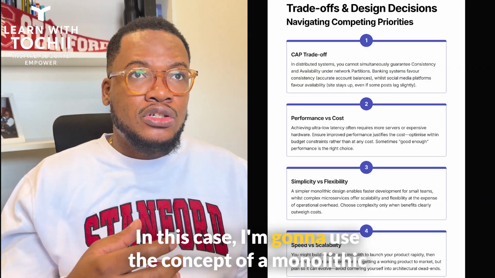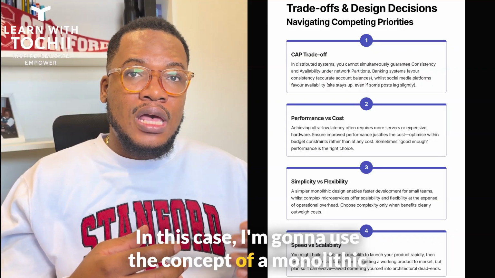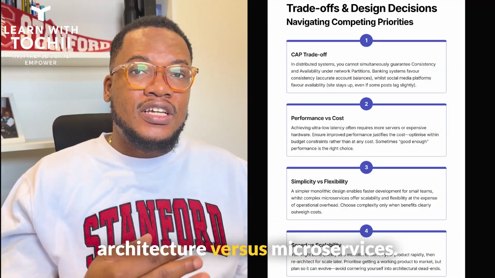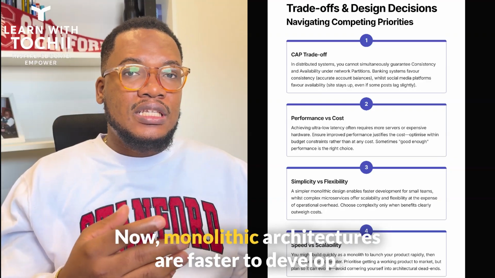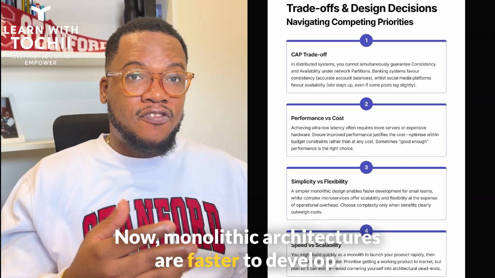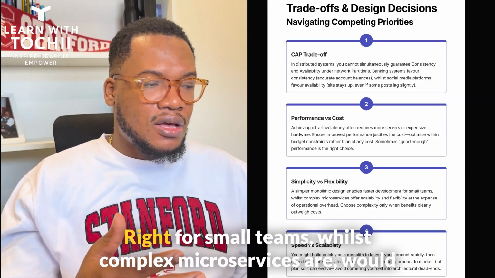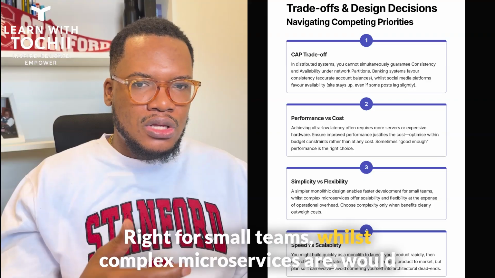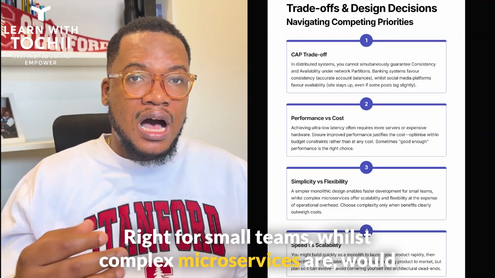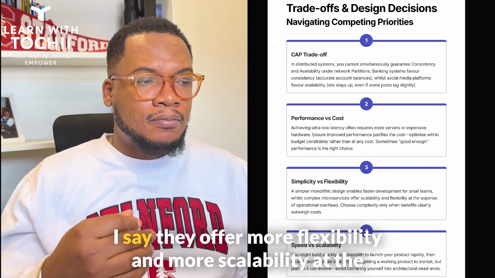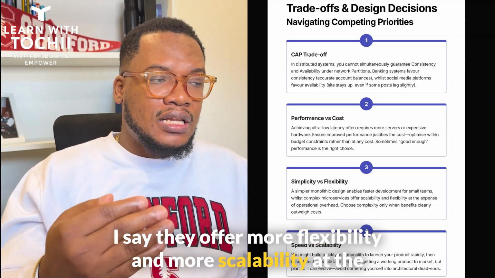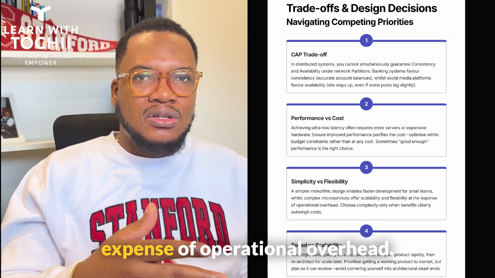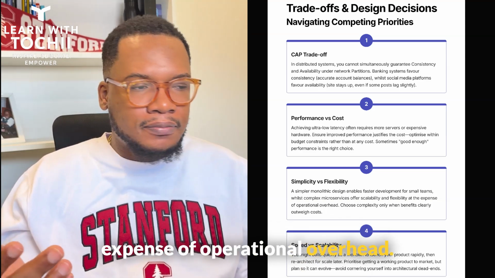The next point I want to make here is something I call simplicity versus flexibility. In this case, I'm going to use the concept of a monolithic architecture versus microservices. Now, monolithic architectures are faster to develop for small teams, whilst complex microservices offer more flexibility and more scalability at the expense of operational overhead.